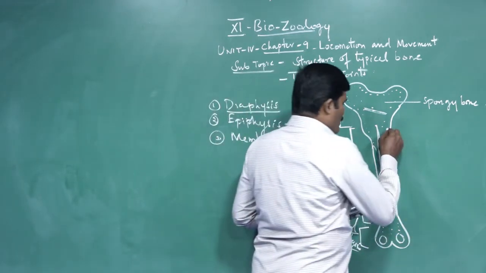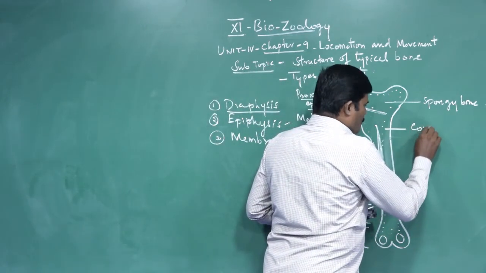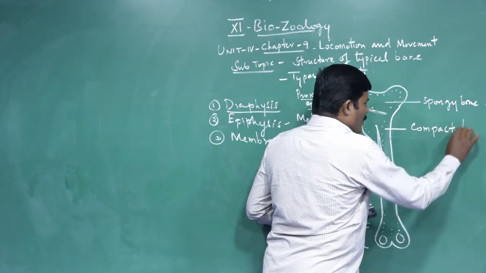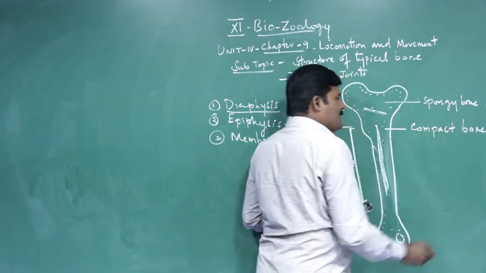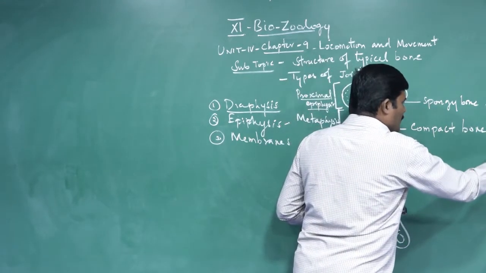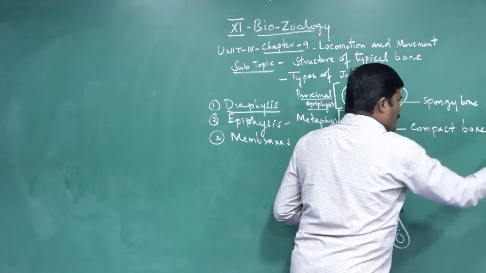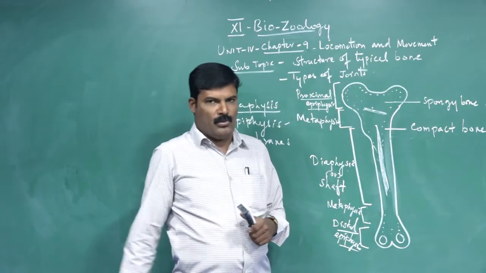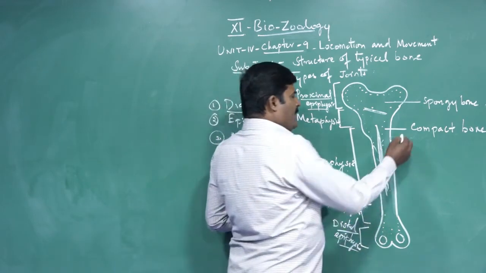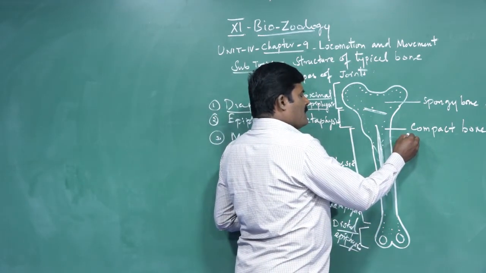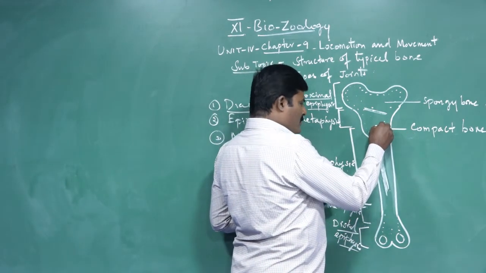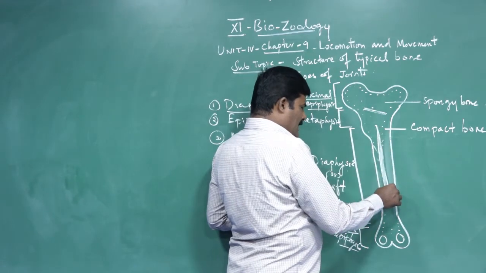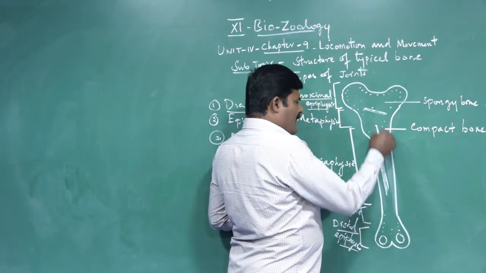Below the spongy bone is called compact bone. This is the collar of the bone. Collar means what? Neck of the bone.